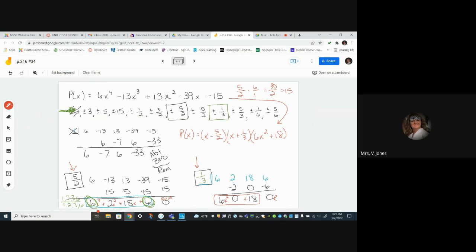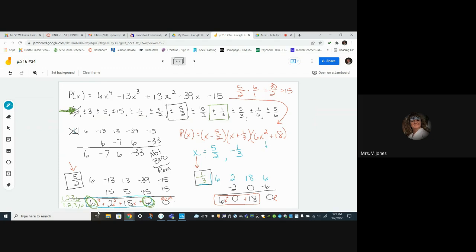So at this point, you can actually find the zeros of your function just by looking at this. Obviously, we know that if you set this first one equal to 0, you would get your 5/2. Same thing with the second one. It gives you a negative 1/3.